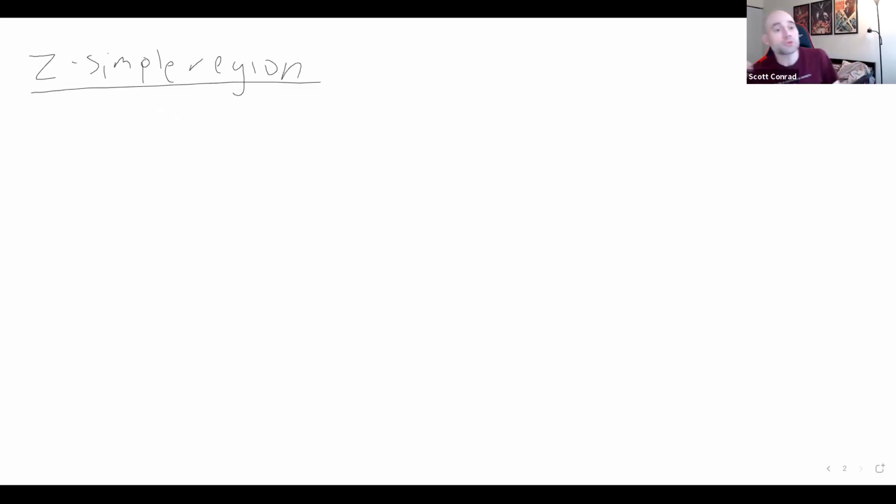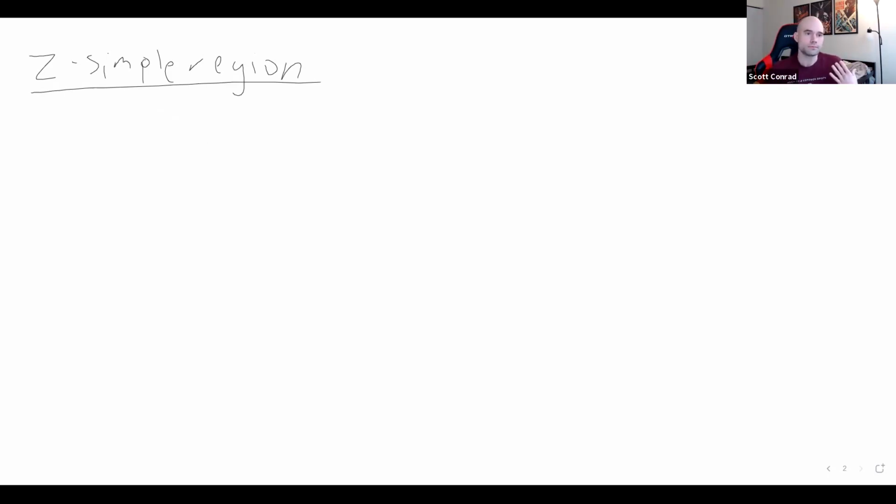Let me give myself more room, that's fine. So z-simple region, similar to vertically simple and horizontally simple in R2, but now we have 3 dimensions, right?